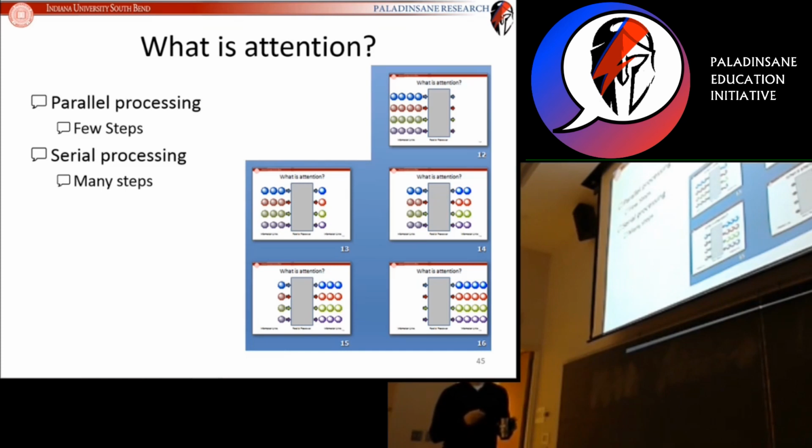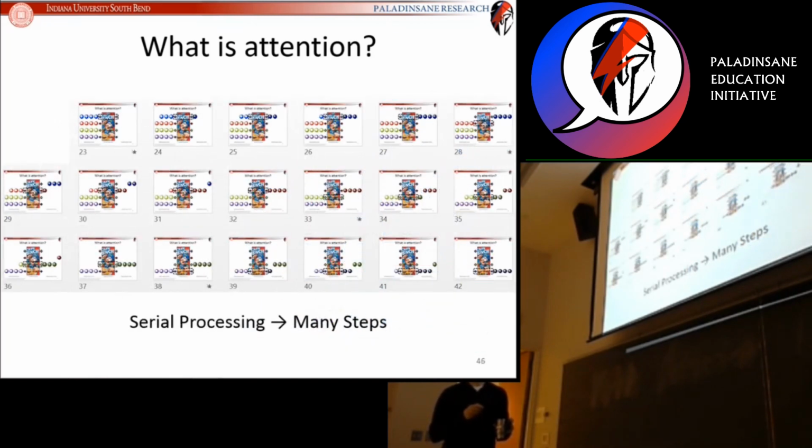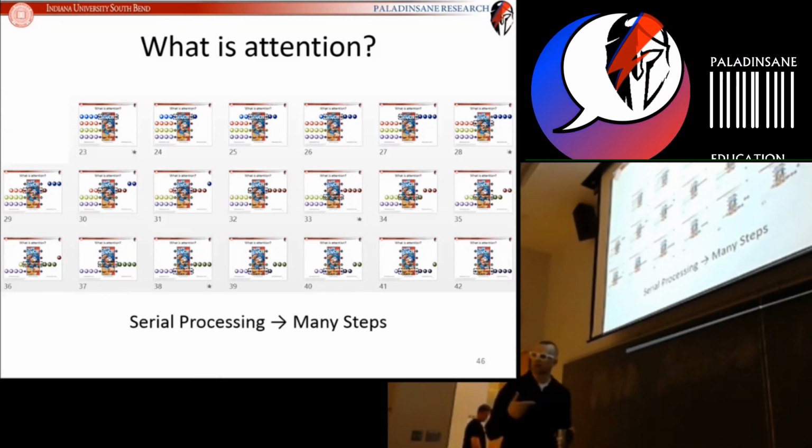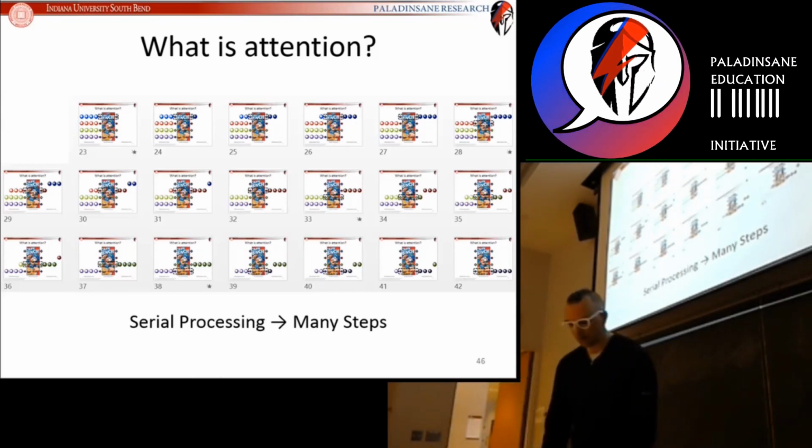You do not need attention when you're dealing with a parallel processor because no choice of what information to process needs to be made. For a serial processor, you need attention because you need to make the choice of, out of these 4 streams of information, I'm going to attend and process the blue stream, and then I'm going to choose to attend and process the red stream, and you have to make that choice in terms of your stimulus.